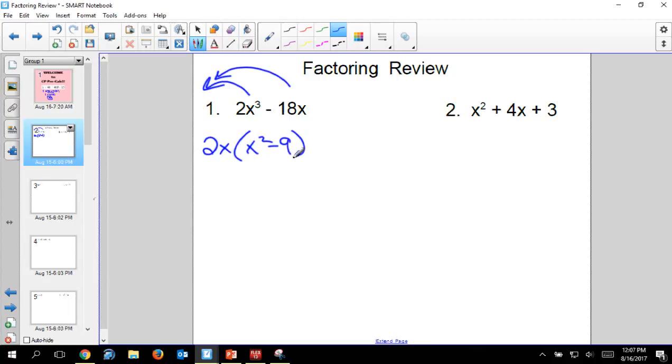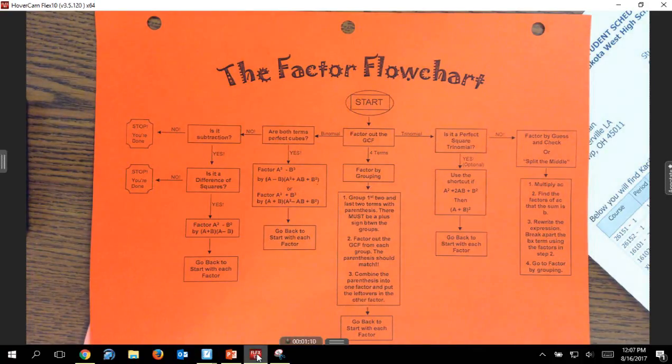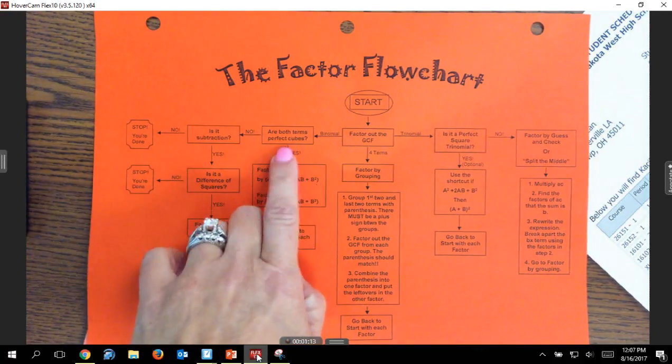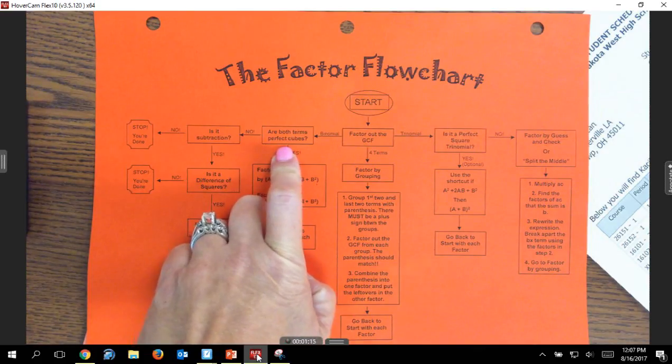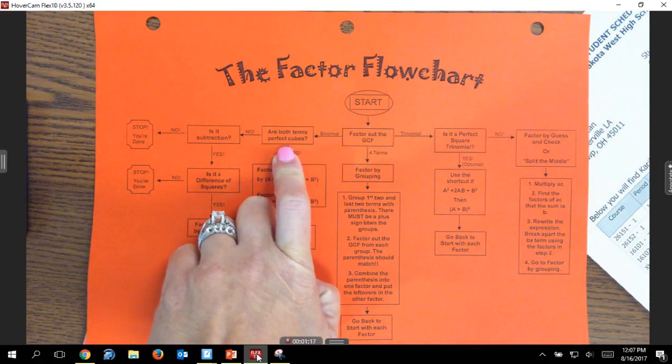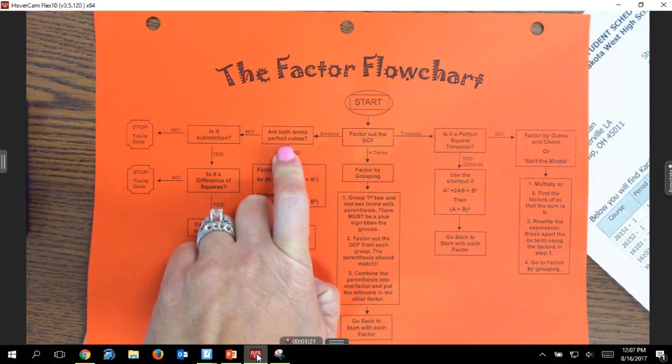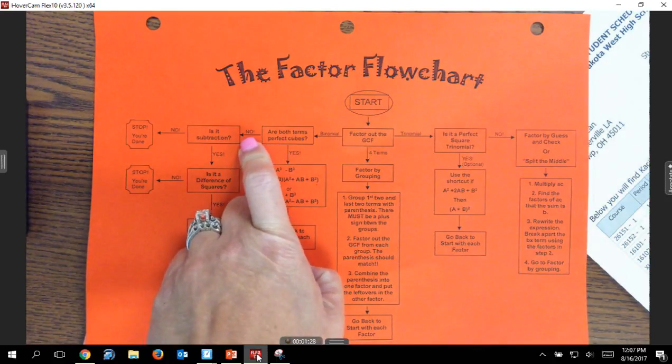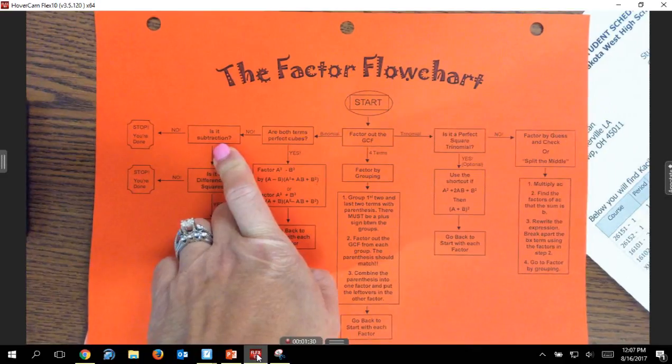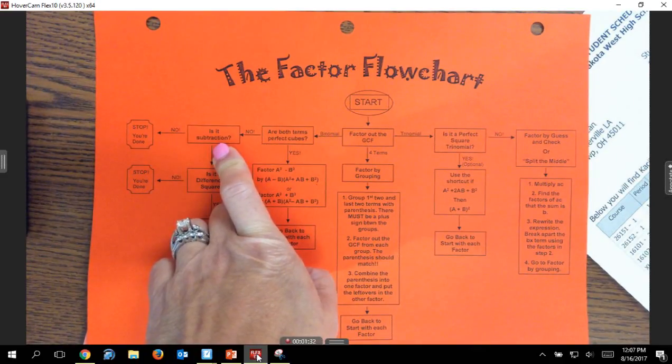And then we use our factor flowchart, and x squared minus 9 is a binomial. So we look at our factor flowchart, and when it is a binomial, you ask yourself, are both of the terms perfect cubes? So x squared and 9, are those both perfect cubes? No. And then my next question is, x squared minus 9 is subtraction.